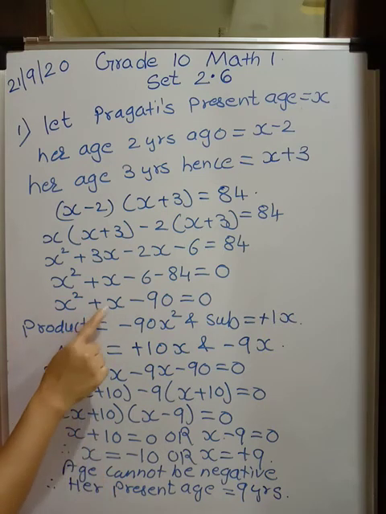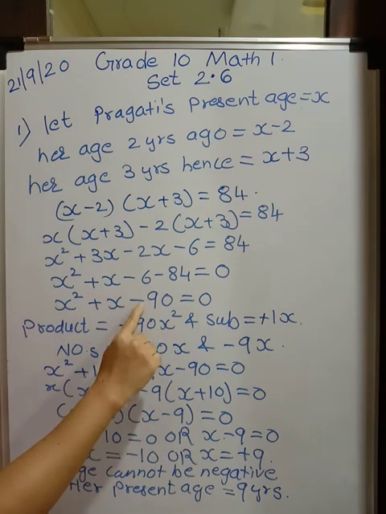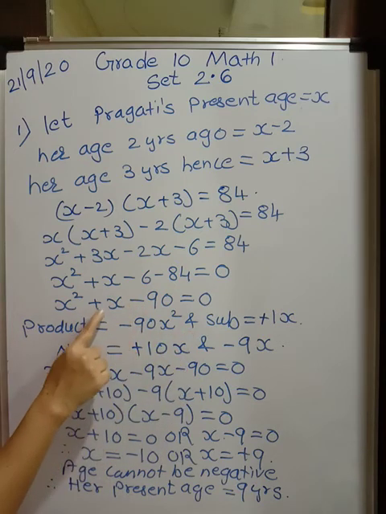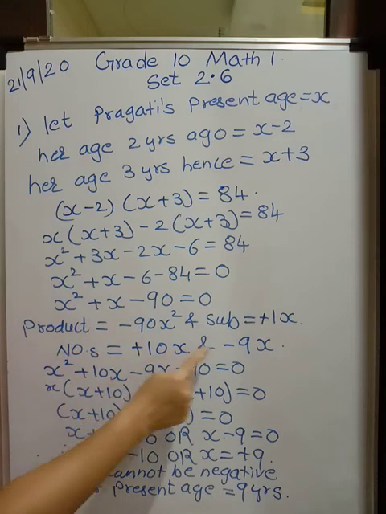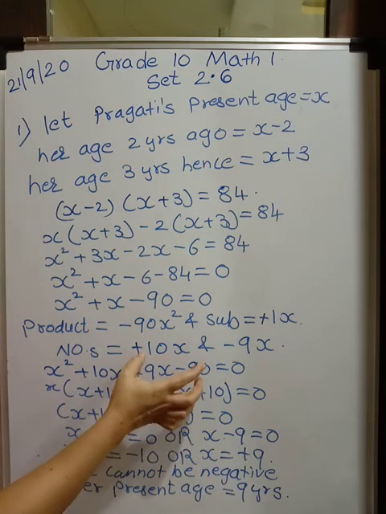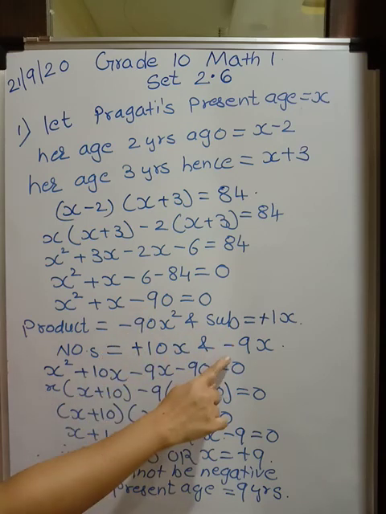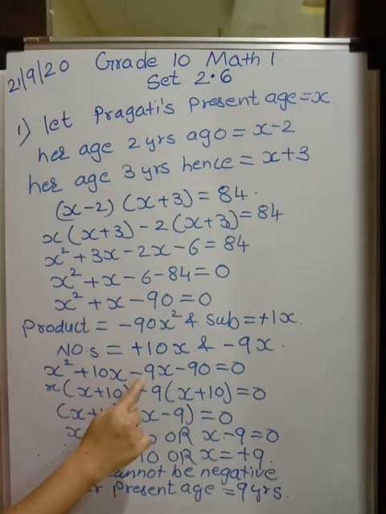Now see here. Ask the question. Tell two numbers whose product is 90x square and minus sign is there. So it becomes minus 90x square, and whose subtraction is plus 1x. So which are those two numbers? 10x and minus 9x. See, plus 10 into minus 9, answer is minus 90. And plus 10 minus 9, answer is plus 1. So you have plus 10x and you have minus 9x.